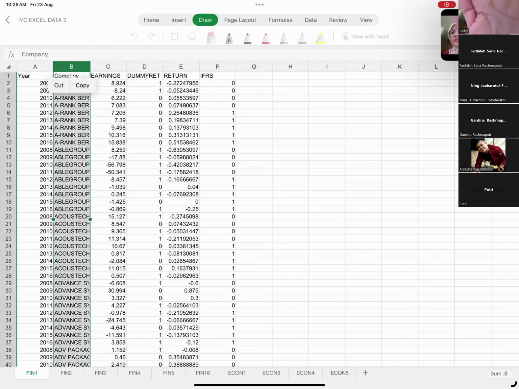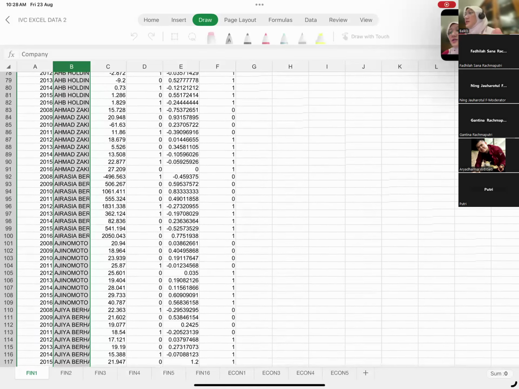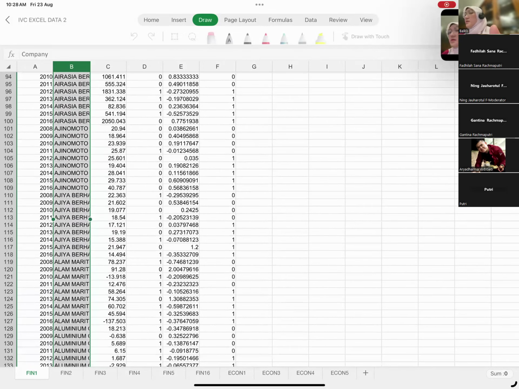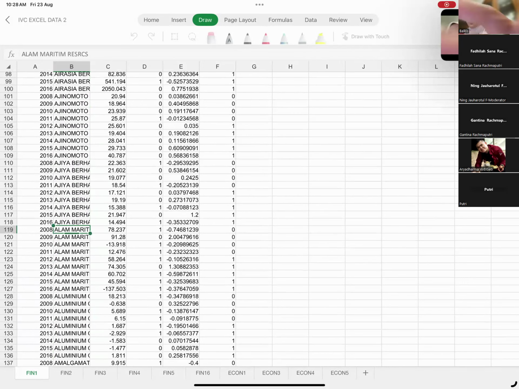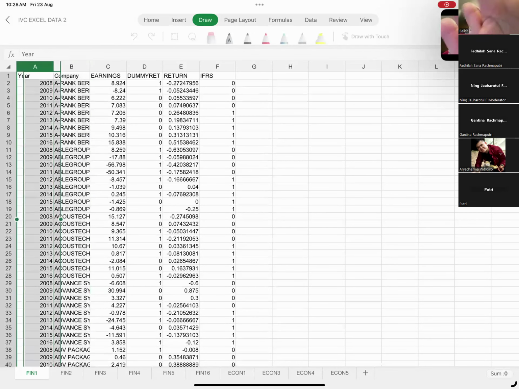So the B column is the entity. So this is how we list the company, and the A column, this is how we list the years.